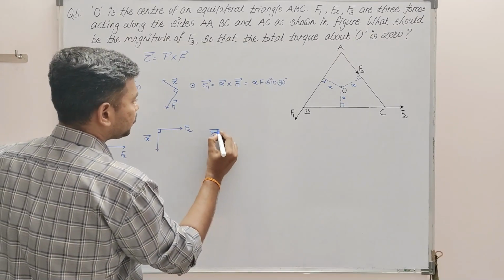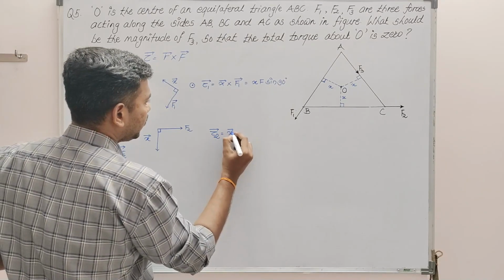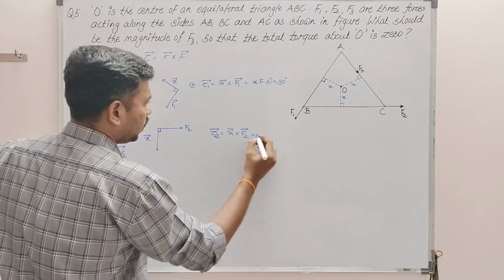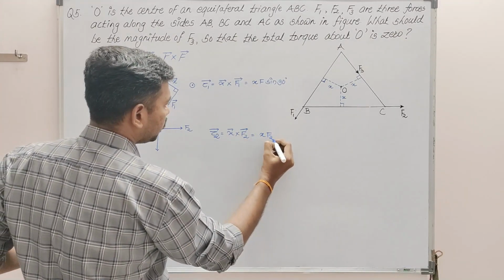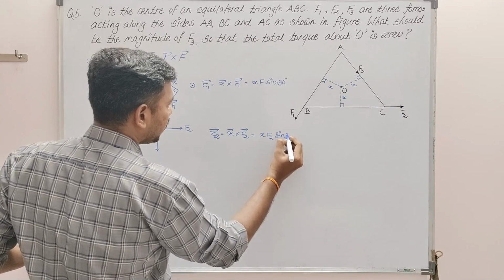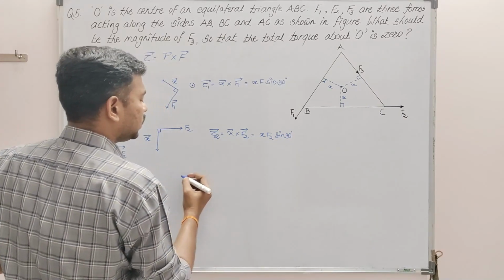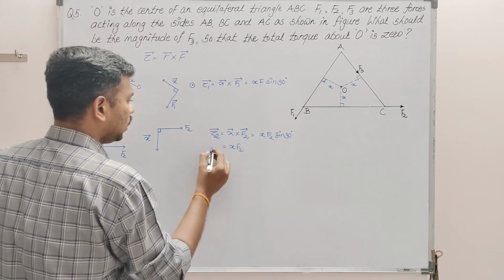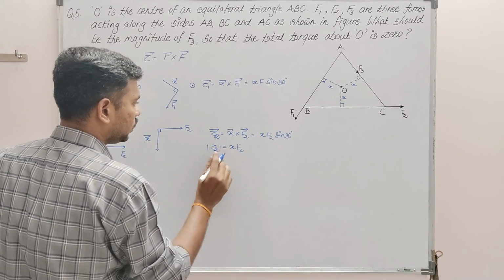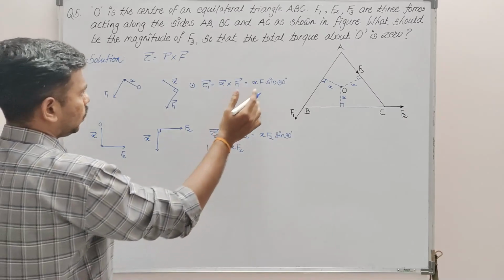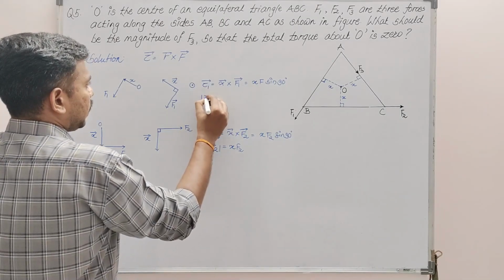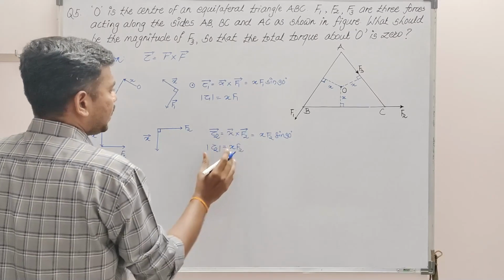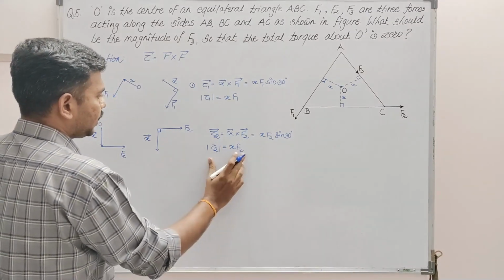Now torque 2 is X vector cross F2 vector, that is XF2 sine 90. Again we got the same result, that XF2 is the magnitude. But what about the direction of torque? In this case the magnitude of torque 1 is XF1, and in this case the magnitude of torque 2 is XF2.